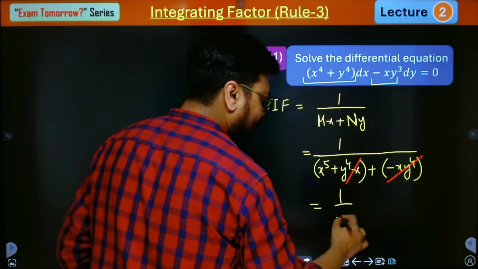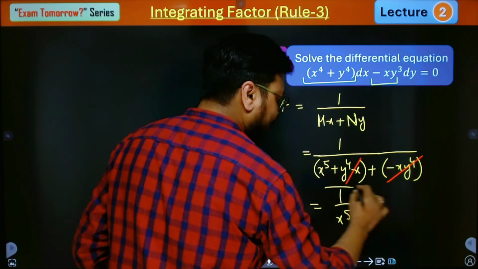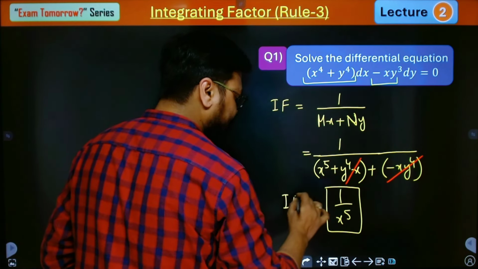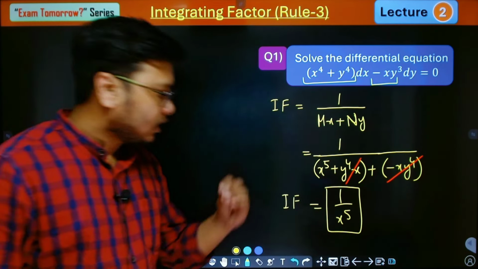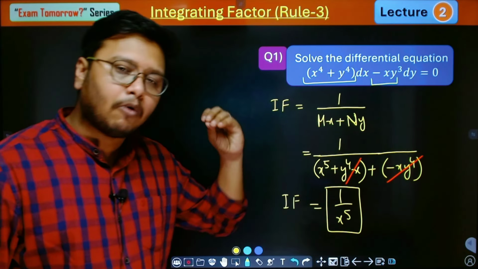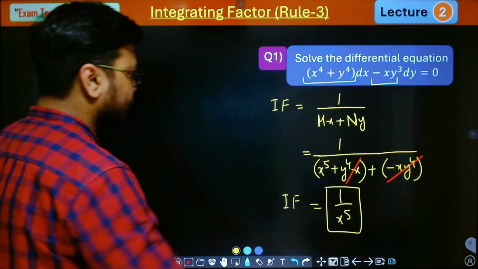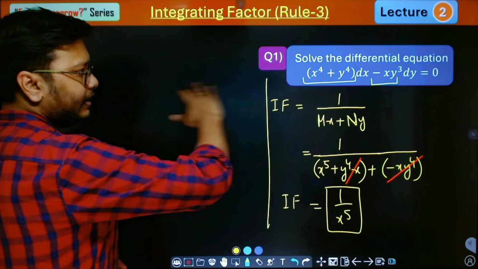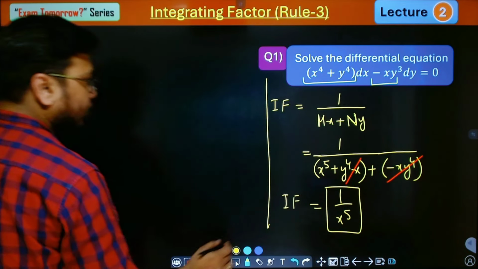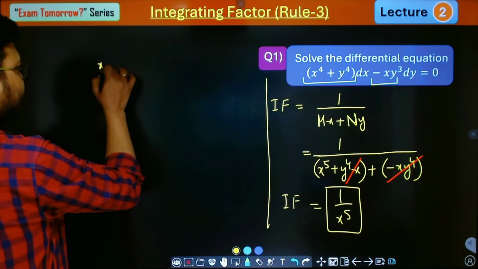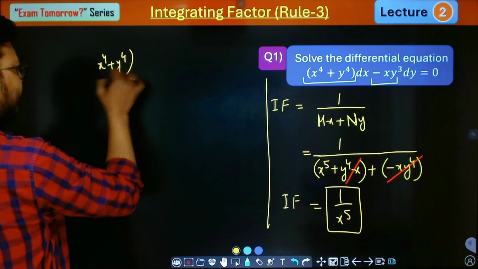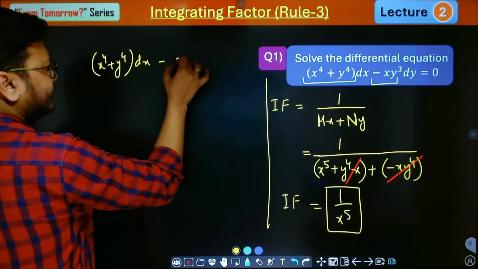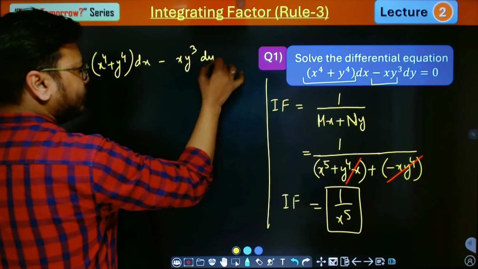So I'm left with 1 by x to the power 5, which is my integrating factor. The moment we have got the integrating factor, again the same style of solving is going to follow. I'm going to multiply the given equation with the integrating factor. So my equation would become x to the power 4 plus y to the power 4 dx minus x y cubed dy equals 0.